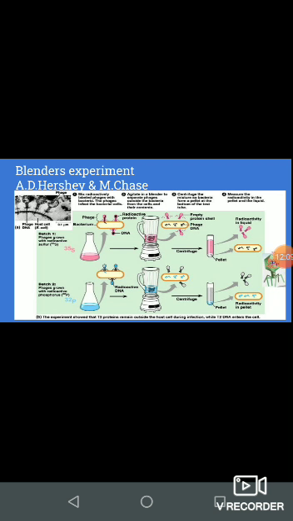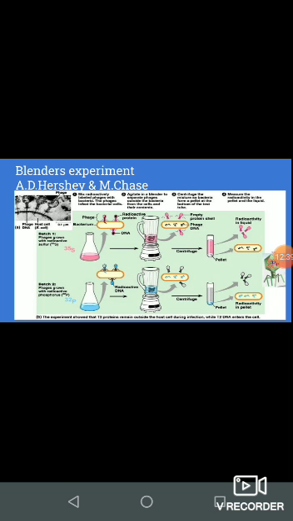So these two labelings were done on two different bacteriophages. One bacteriophage's protein coat is labeled with sulfur 35, and the second bacteriophage was treated with phosphorus 32. They infected a bacterial cell, the E. coli cell.